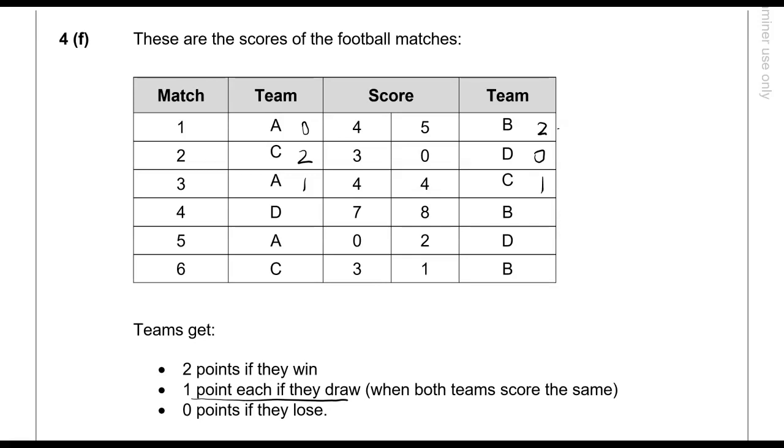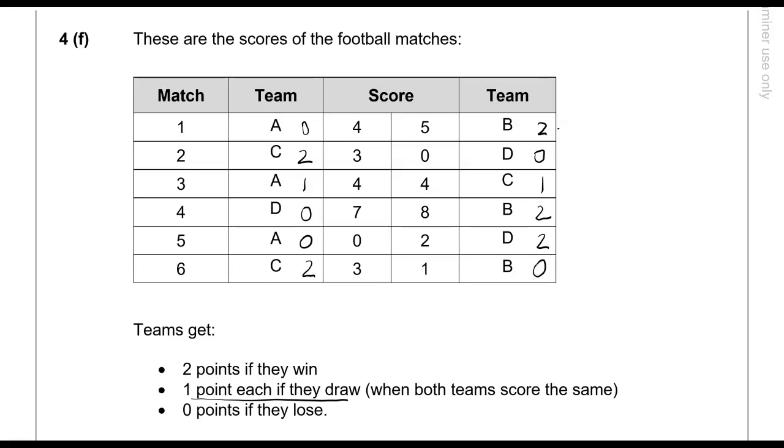And then we've got match 4, B won, so 2 points, and D lost, so 0. Match 5, D won, and A lost. Match 6, C won, and B lost.